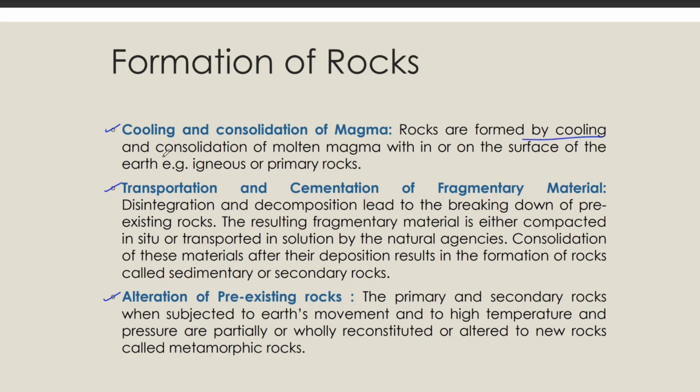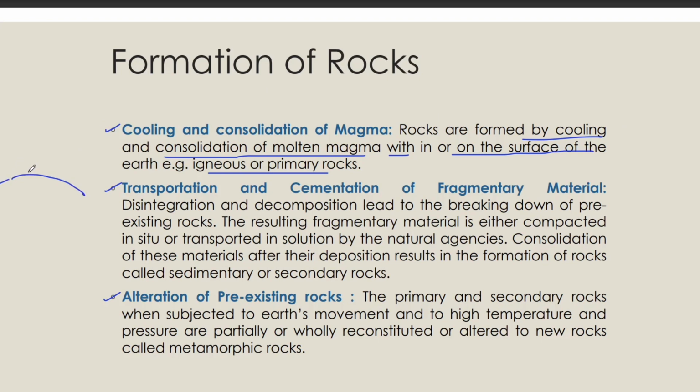If rocks are formed by cooling and consolidation of molten magma within or on the surface of the earth, they are called igneous or primary rocks. Let's see in the picture.